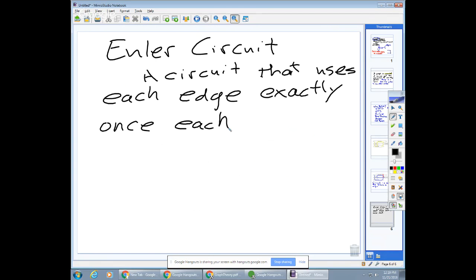And Euler discovered that it's only possible if every vertex has an even number of edges coming into it. So Justin's idea about 3 makes it impossible, and that one is absolutely right. So you can find an Euler circuit. Oops, wrong spelling of Euler.